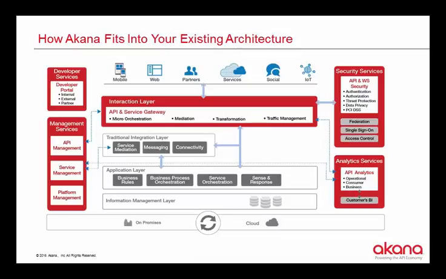The traditional integration layer, that is your, if you have an existing ESB where you're doing heavy message processing and transformations and two-phase commits and all of that kind of stuff, that's happening down here. Stuff Ian is showing was up here in the interaction layer, because you remember it was very, very quick. The stuff that we were doing very rapid, very small type of micro orchestrations and transformations.